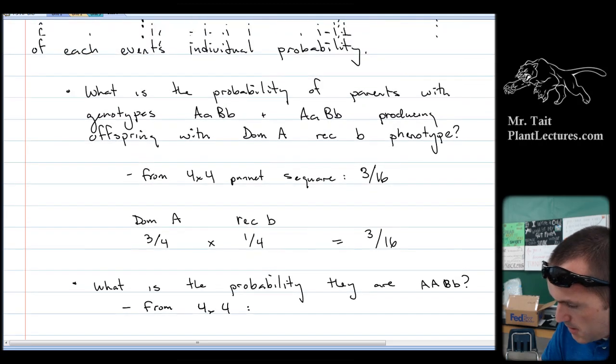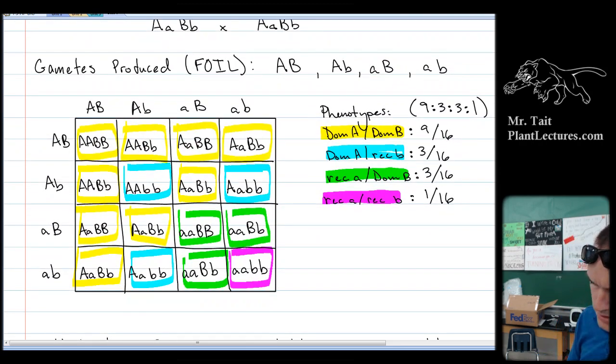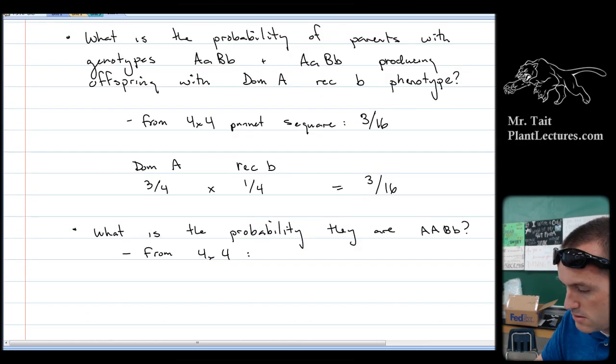Big A, big B, little b. So there's a big A, big B, little b here. Big A, big B, little b here. Any other ones? It's just these 2 spots right here. So is it anywhere else? No. So that's 2 out of 16, right? So that would be 2 out of 16 squares have that.